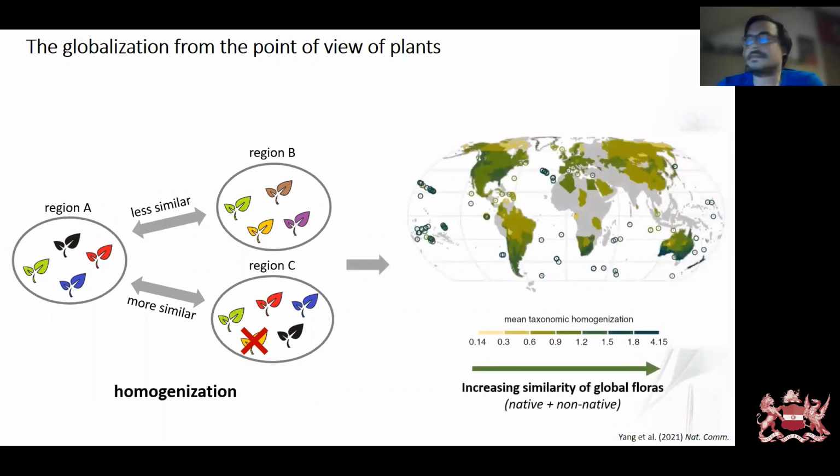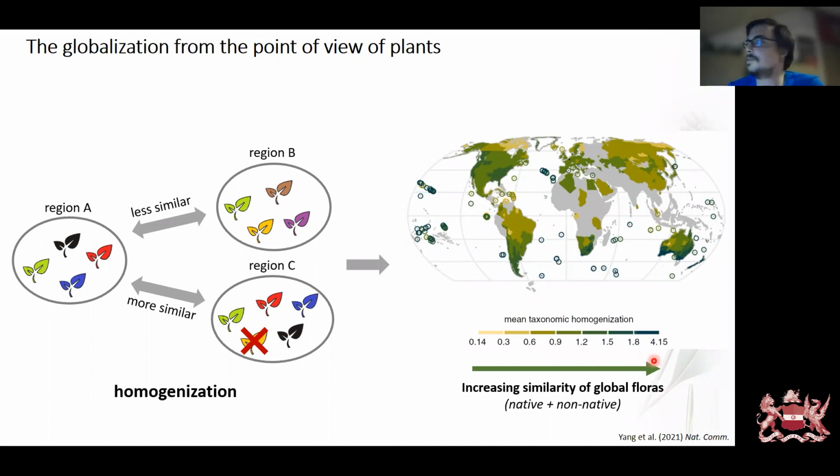And here is the main figure or the world map of the study, where we can see in these yellow to green colors the similarity of the global floras, taking into account the native and non-native plants in these regions. And the similarity increases with these darker green colors.